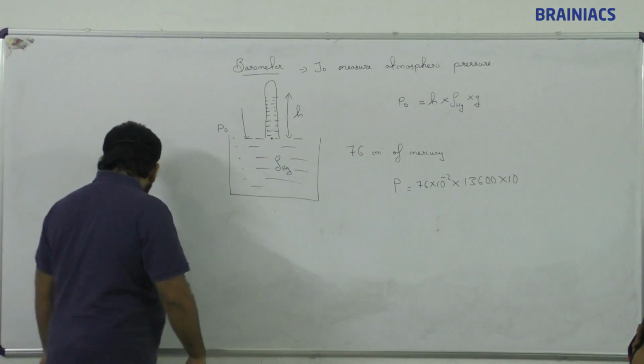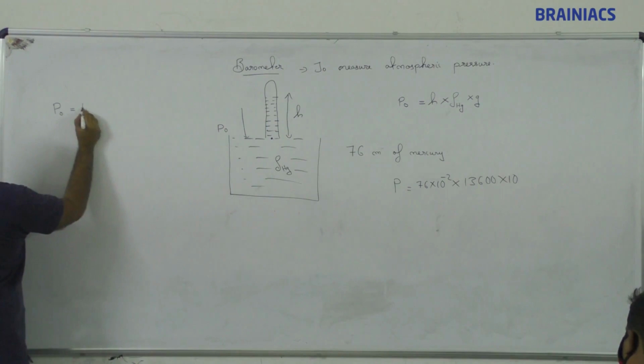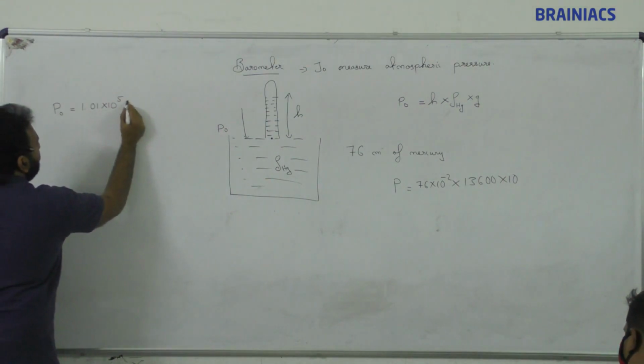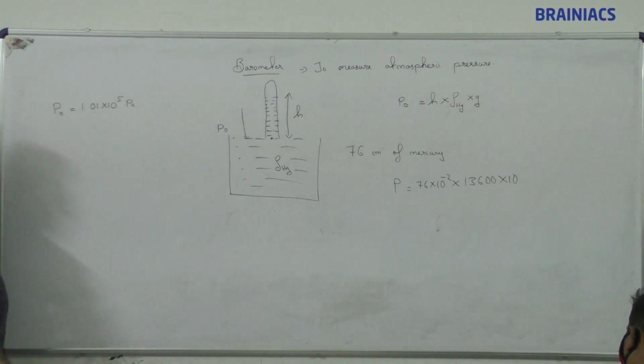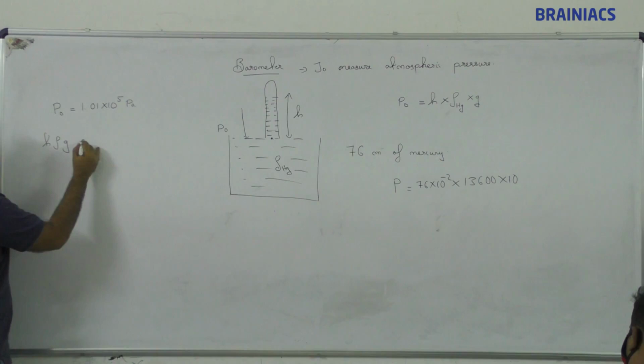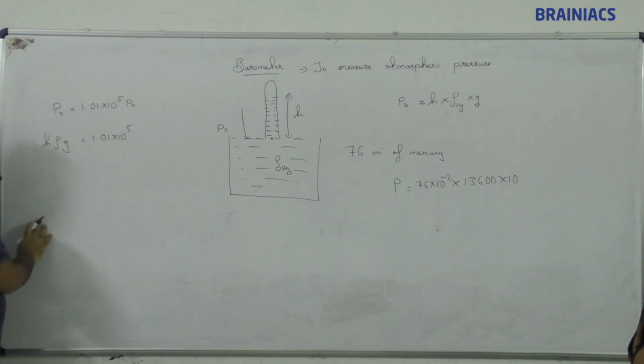Why mercury we are using? Atmospheric pressure is 1.01 into 10 raised to 5 Pascal. So H rho G will be 1.01 into 10 raised to 5.